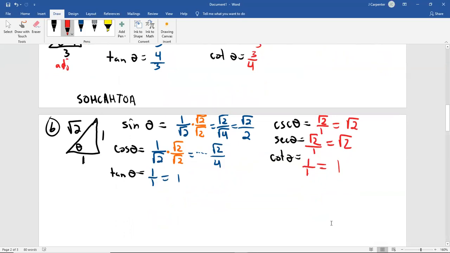So, what are those relationships, those reciprocal relationships? Here we go. It always takes me 1 or 2 times to spell that correctly. Reciprocal relationships. It's that cosecant of an angle is 1 over sine of the angle.